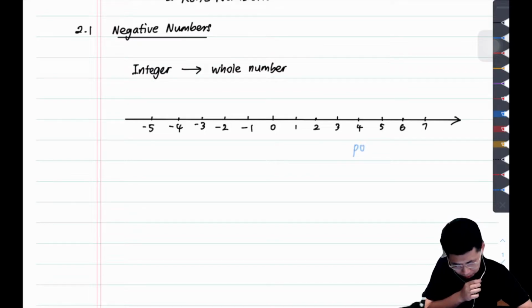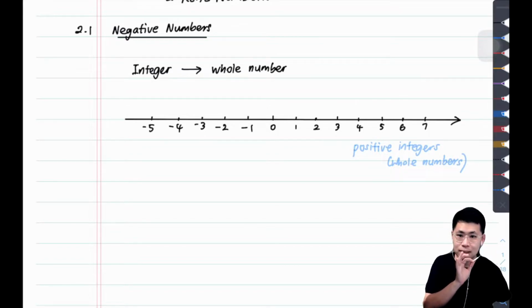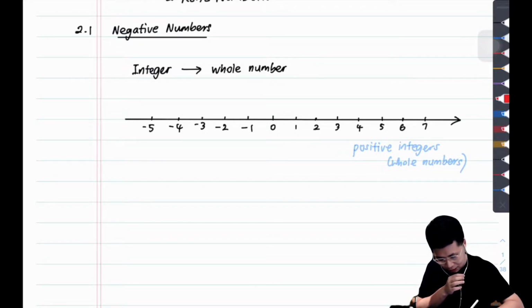I'm going to call them positive integers, positive whole numbers. Positive integers or your positive whole numbers. Now on the left, like what you've just seen over here, these are your negative numbers.